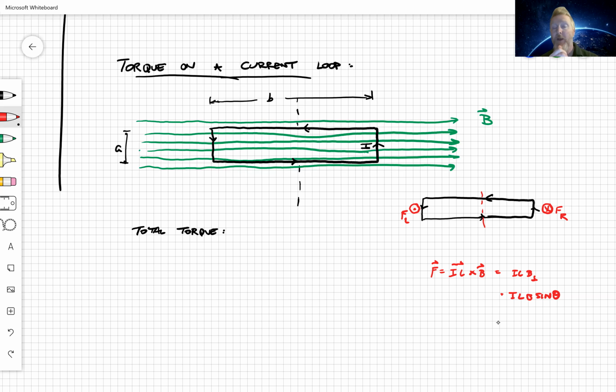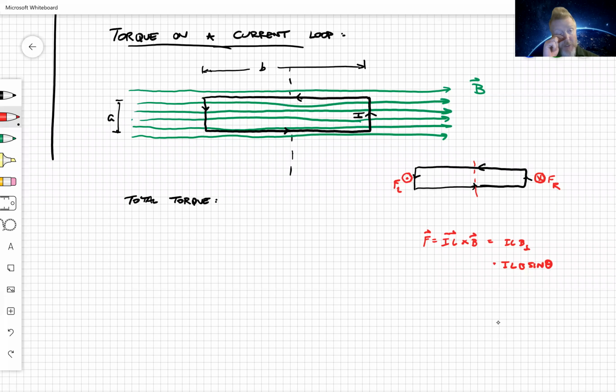Or said another way, you always have to have the current going up on the right side of the axis here, and you always have to have the current going down on the left side of the axis. However you manage to do that, as long as you manage to do that, there will be a torque produced which results in a spin. So this is the basic principle of the DC motor.